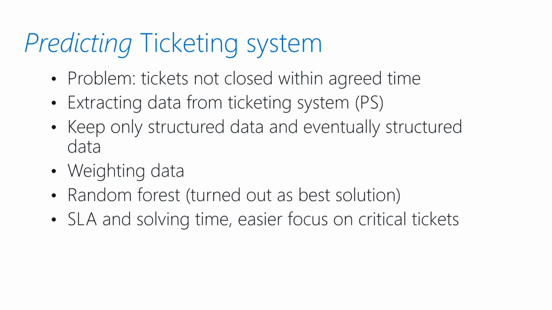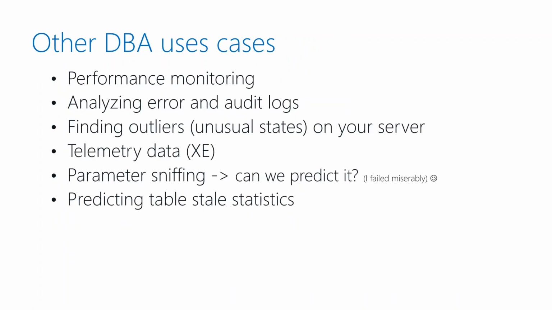And it's great because a customer then can see, okay, my ticket will be closed by that particular day. How to do it? Yeah, you can use random forest. But what's the DBA's role? Well, the DBA needs to provide the data, understand the data, and give it to the data scientist. What are the other DBA use cases?